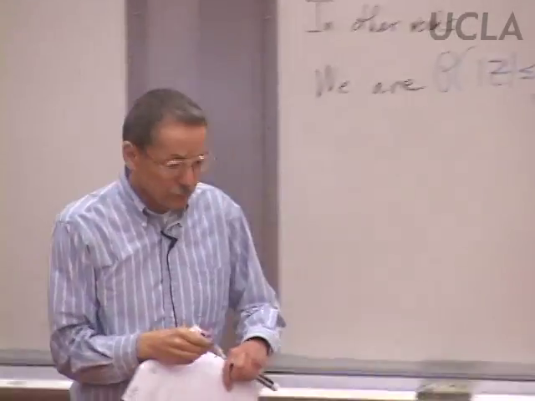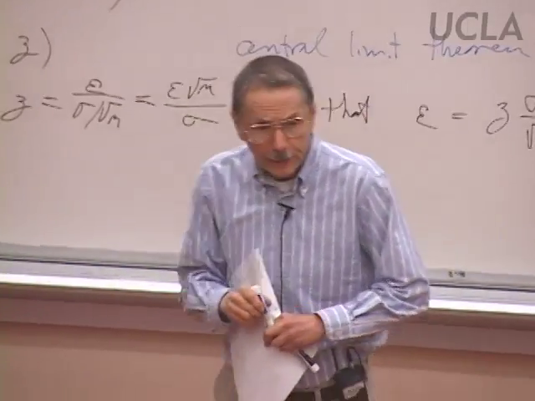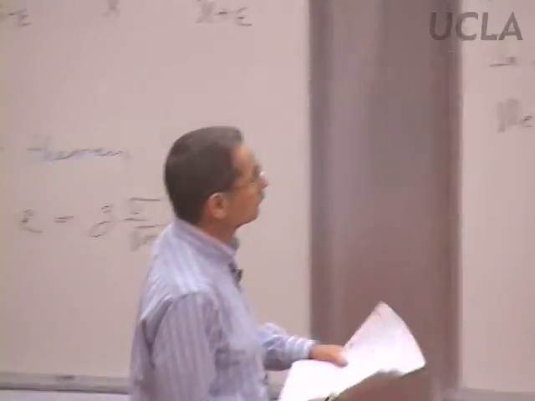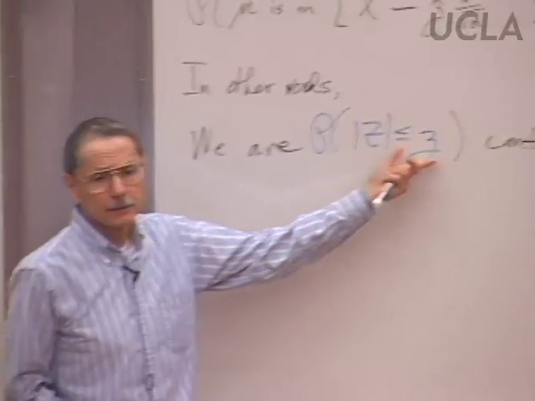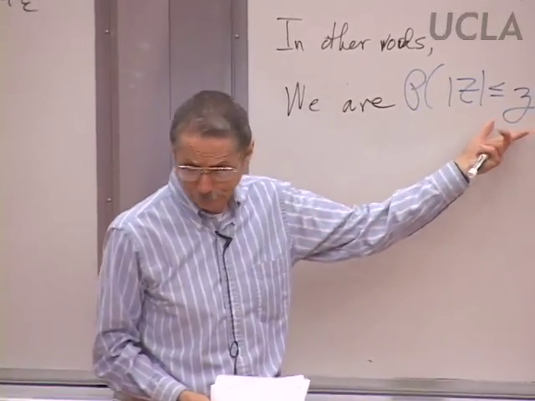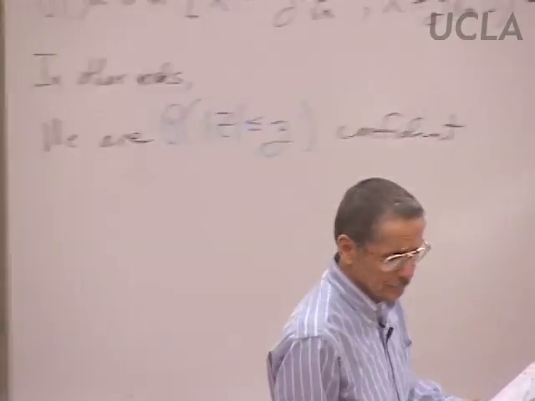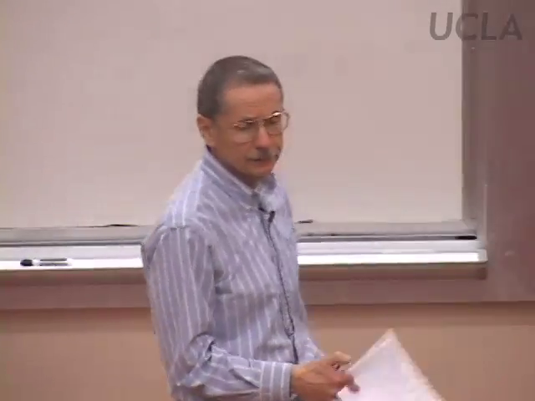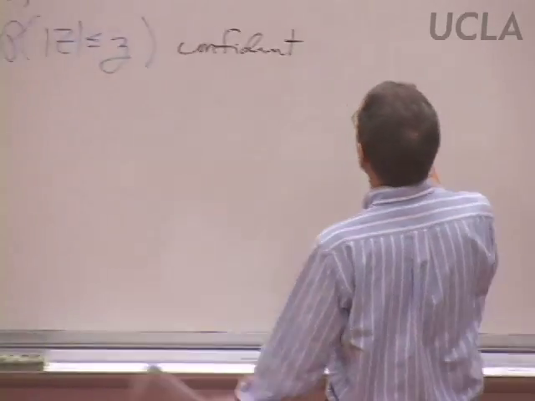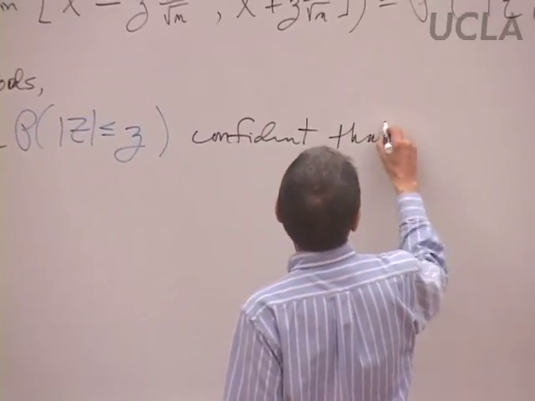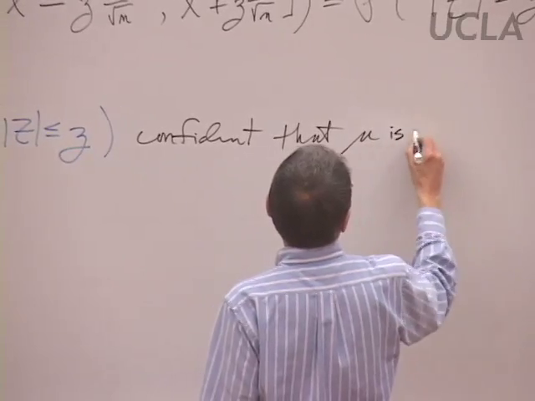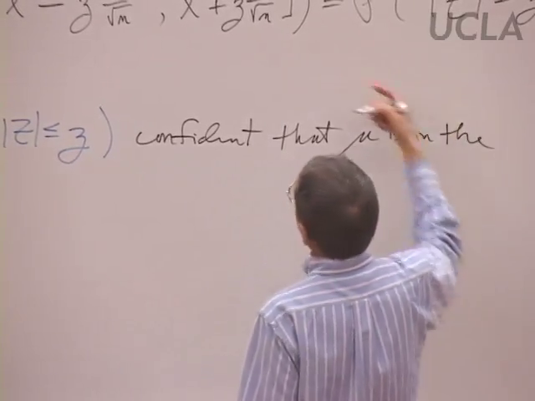So we'll put that in for one blank. And if little z is large, this will be pretty close to 1. If z is 2, this probability is pretty high, that mu is in this interval.